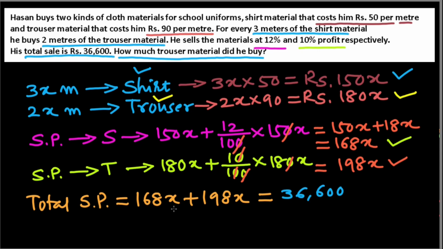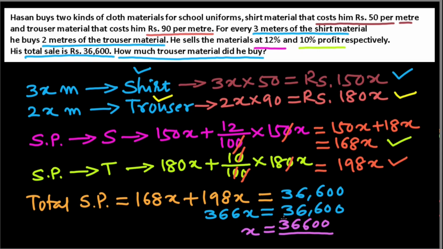Now 168x plus 198x is 366x, which is equal to 36,600. That gives us x equals 36,600 divided by 366. That will be 100. The value of x is 100.